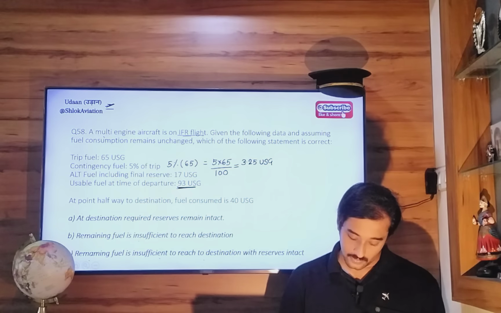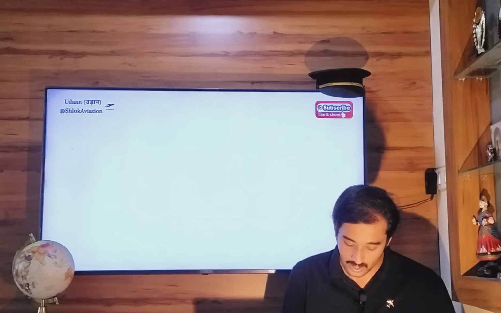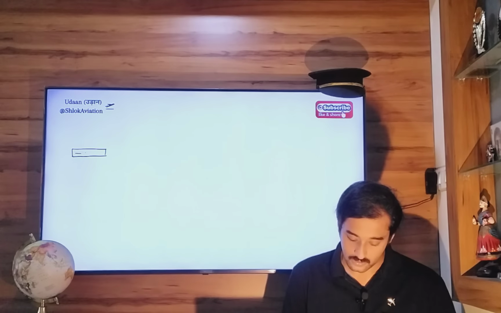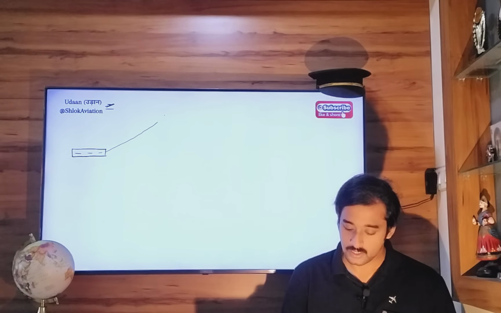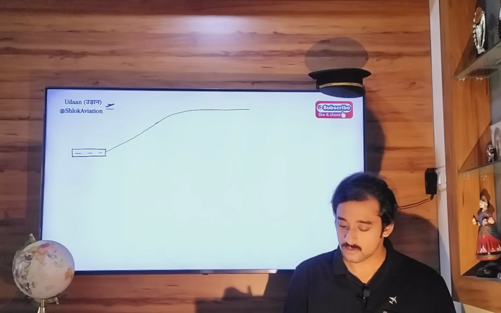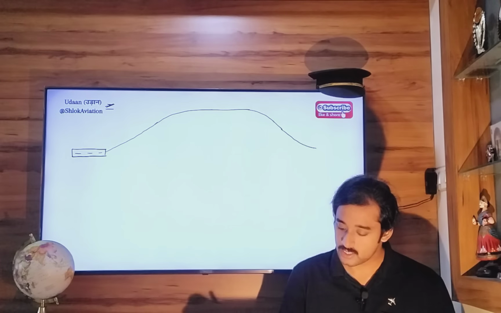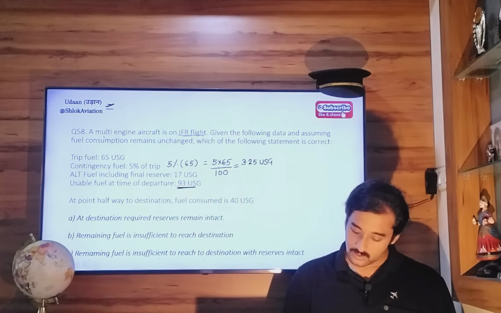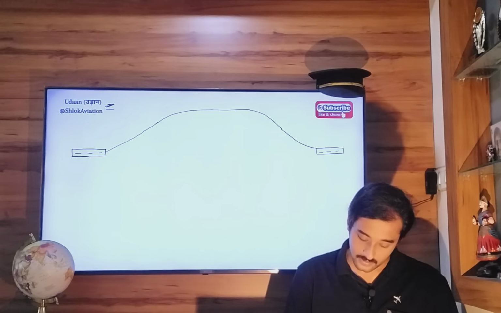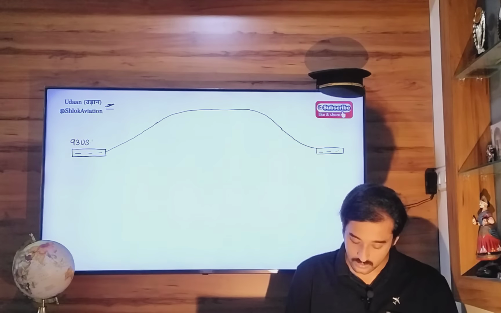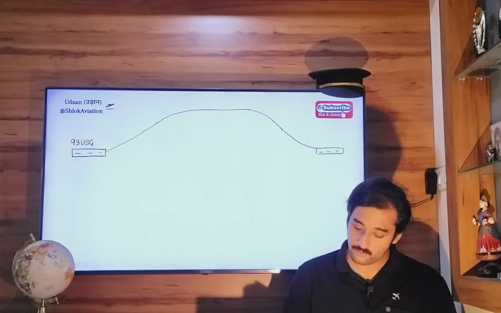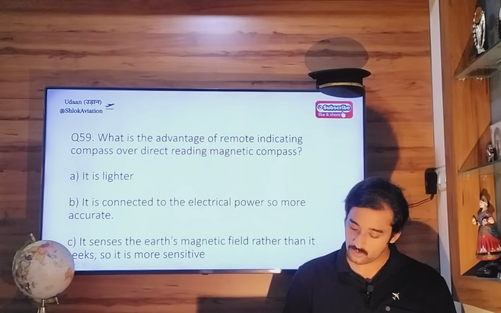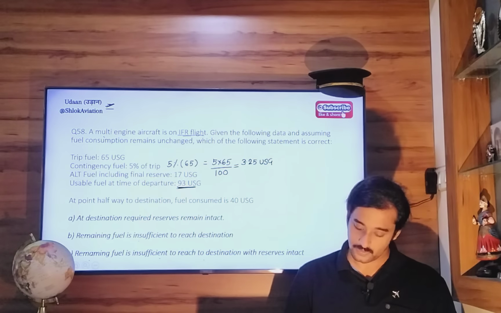Okay, so let's draw the diagram. Here we are on the runway. This is a profile and this is the destination. At the time of departure we have 93 US gallon.